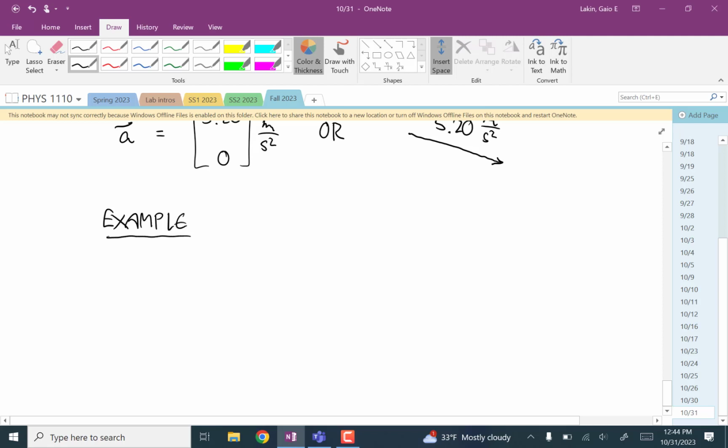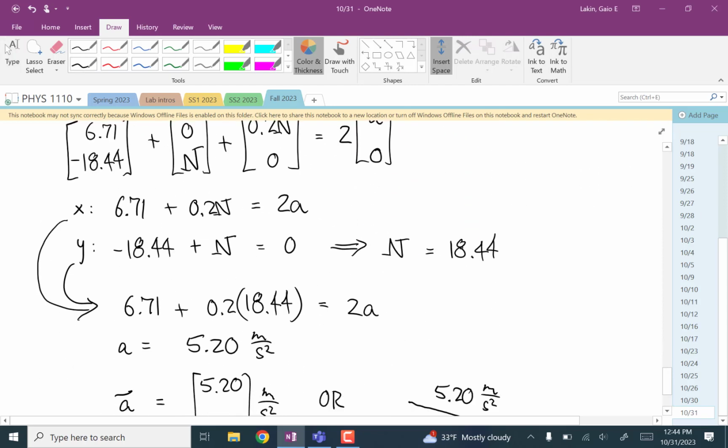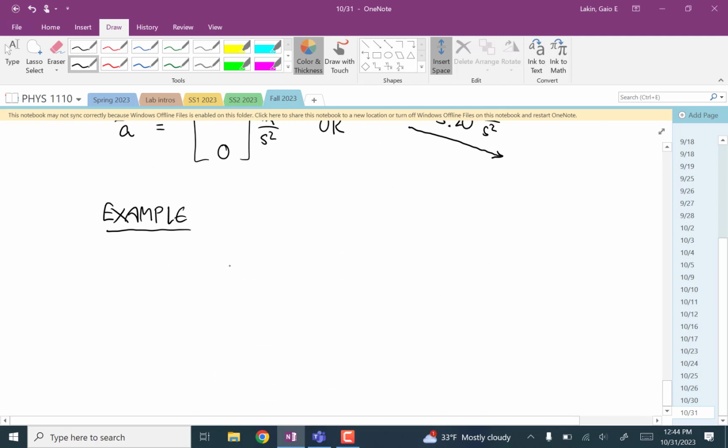Let's do one that's sort of the third type of this kind of problem. So let's say we have a ramp that makes a 30-degree angle with the horizontal.